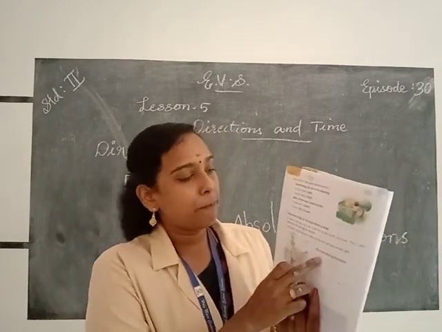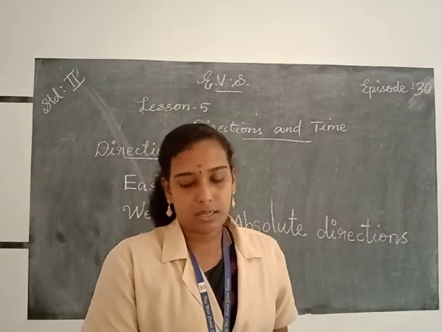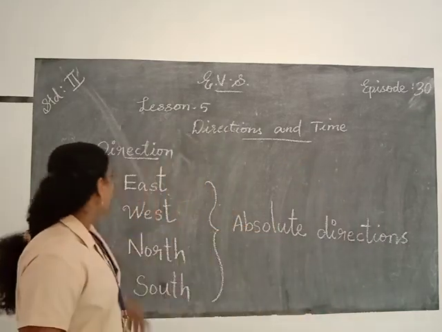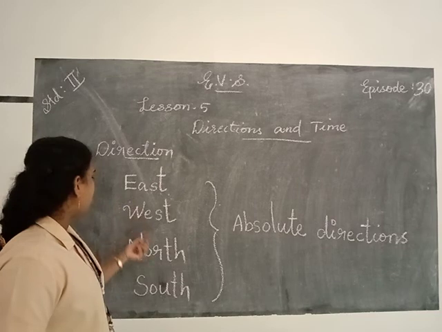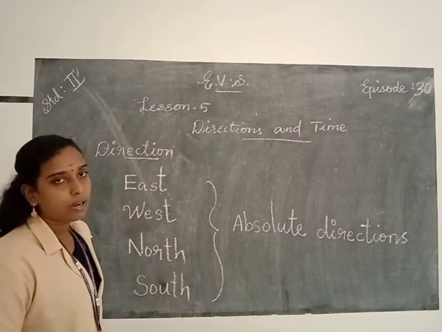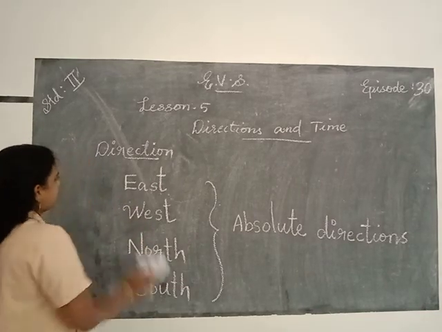And here, fill in the missing directions. There are 4 main directions: east, west, north, and south. They are called absolute directions.